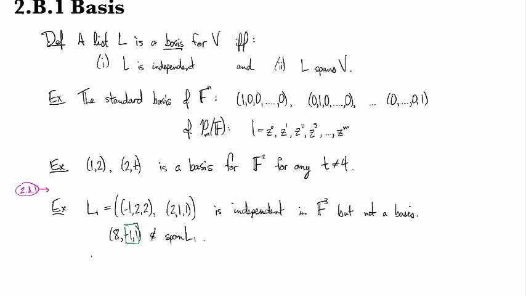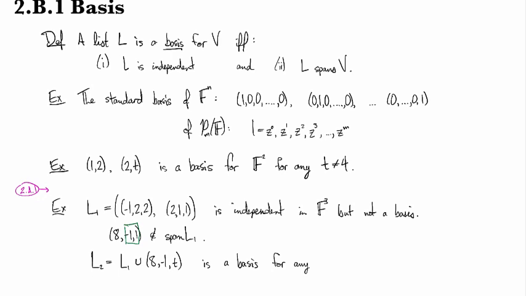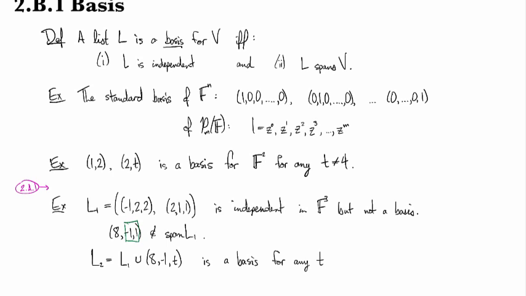If I take L2 to be L1 adjoin the vector (8, -1, t), then this one is a basis for any t that ensures that the new vector is not in the span of the first two.